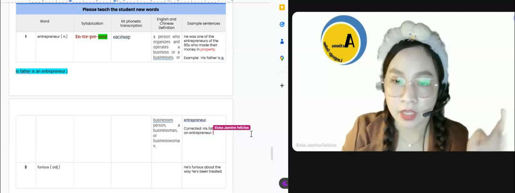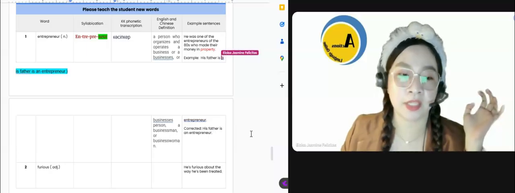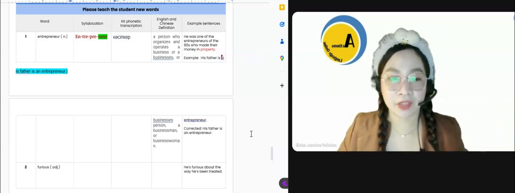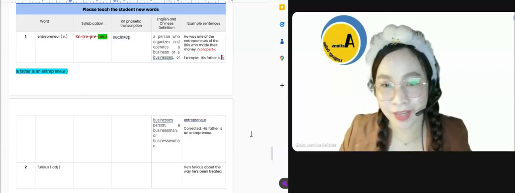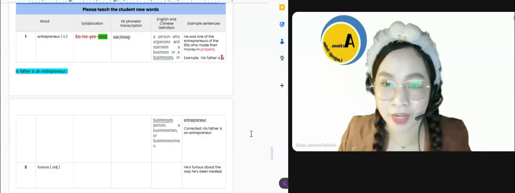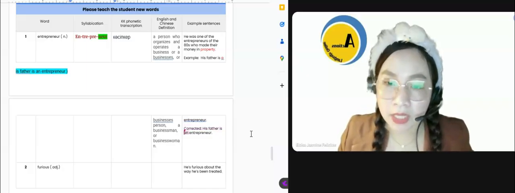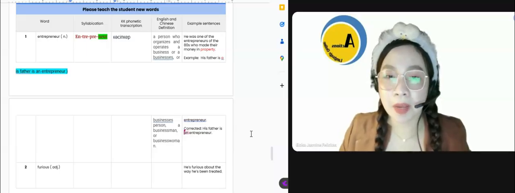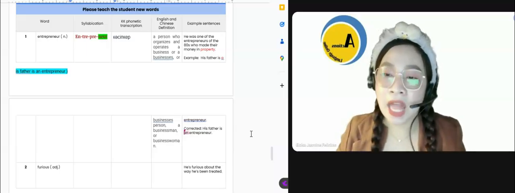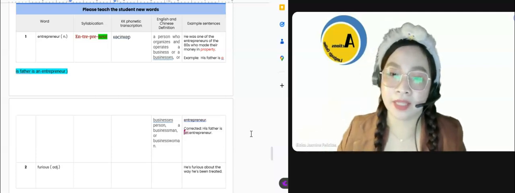I highlighted this because it is a wrong article, but I know you already corrected that one. Remember that "an" is used when followed by a vowel sound.